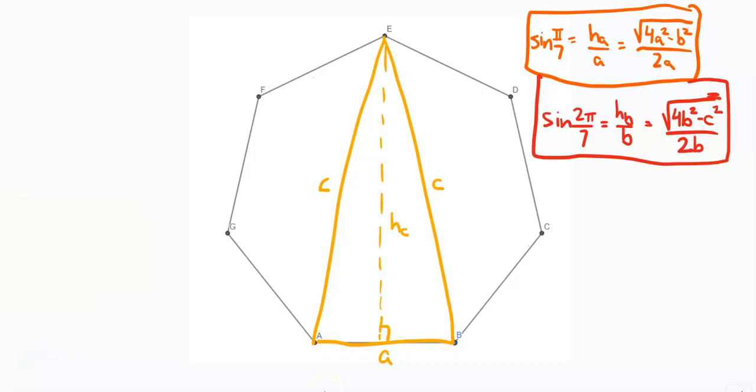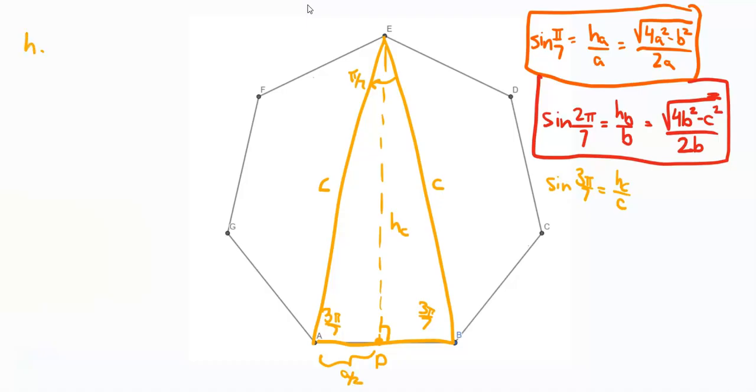Now, if you remember yesterday, we showed that this was pi over 7, and then the angles down here were 3 pi over 7 in each corner. So the sine of 3 pi over 7 is going to be H sub C over C. As you can see here, let's call this point P in the middle, and then we will do this as A over 2.